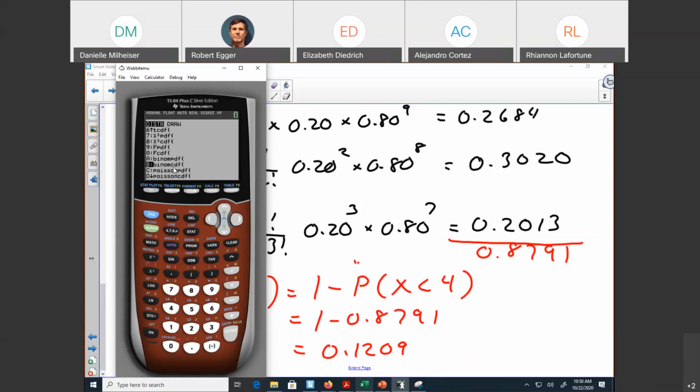Now, unlike the normal distribution where we can go between a low and high, the binomial and Poisson always start from 0. So if you ever want to find the value between x equals 3 and x equals 10, you're going to do cumulative 10 minus cumulative 2 to find 3 to 10. Okay? So again, you can do it in the calculator via second distribution and scroll down to find your binomials: a single value or cumulative 0 to a value.